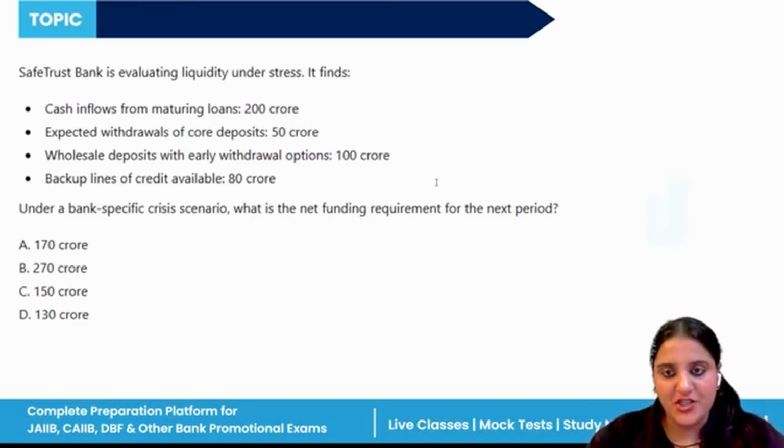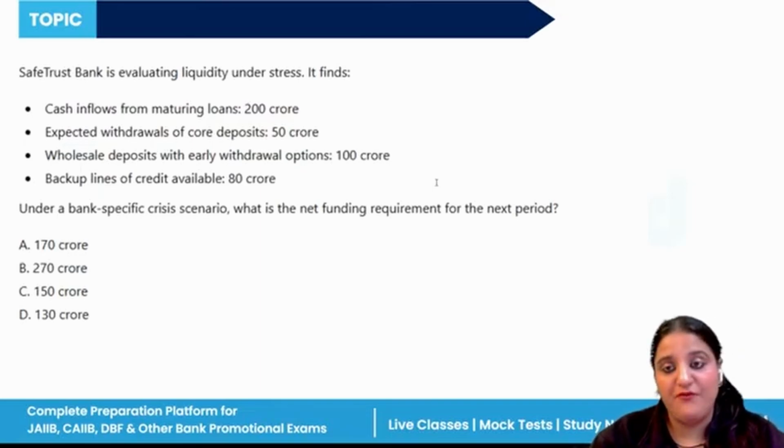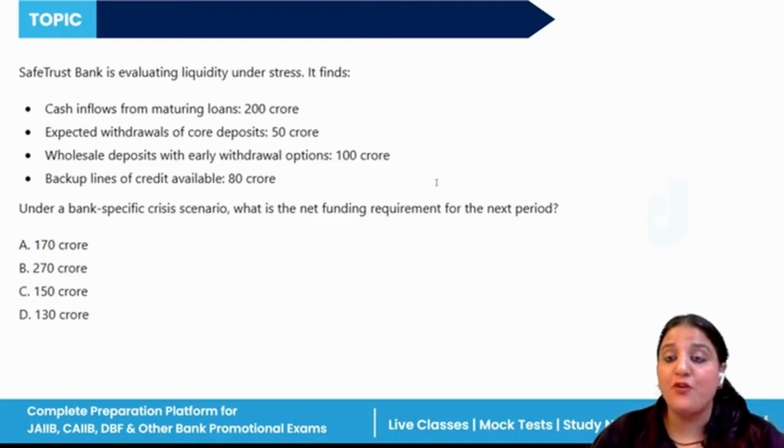If the market conditions are normal, everything is fine. Markets are stable, customers trust the bank, withdrawals happen as expected, and the bank looks very liquid. For a bank-specific crisis, if something bad happens, maybe fraud occurs or a rumor spreads, people rush to withdraw their money. The bank is marginally liquid.